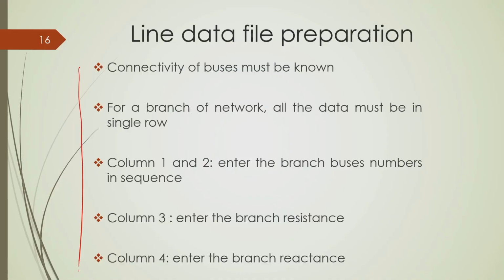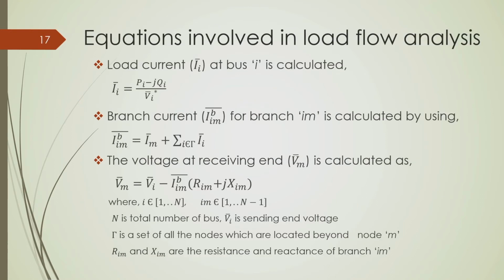Then we prepare the line data file as well, by considering the connectivity of nodes and providing the input of line parameters. And this is the step of computing the line current and bus voltage. These two steps are used for line current computation, and they are done basically in backward sweep.